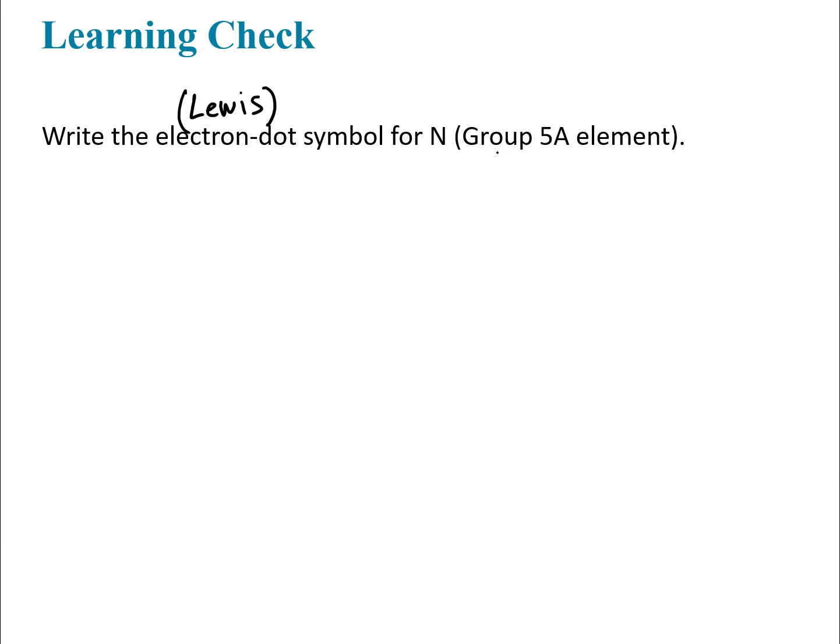And I already tell you, it's a group 5A element. I'll give you a minute, and then I'll check back in. How many valence electrons does nitrogen have? Right. 5 valence electrons.